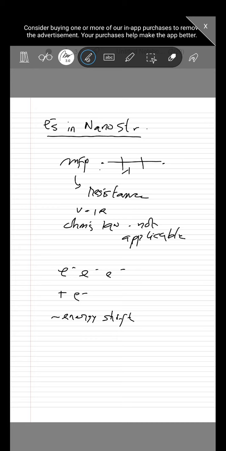And this energy shift is quite significant compared to the usual Boltzmann's constant times T. This process of getting a significant energy shift is called Coulomb blockade.